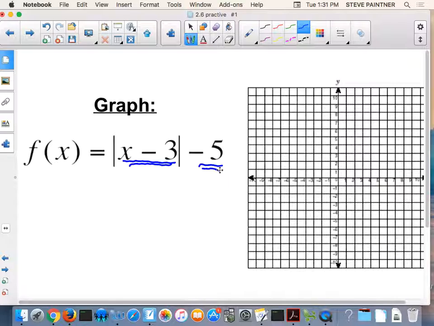What is it? That's a right 3. Followed by, the number on the backside of your function is up and down, it's vertical. Which one? -5? Exactly what you think on the backside. Down 5.